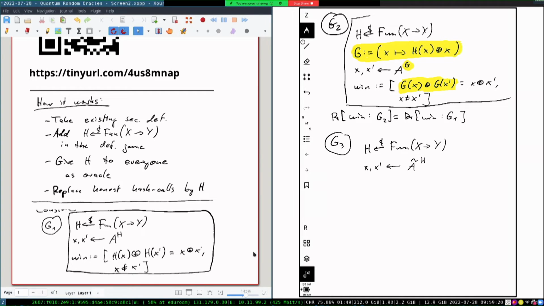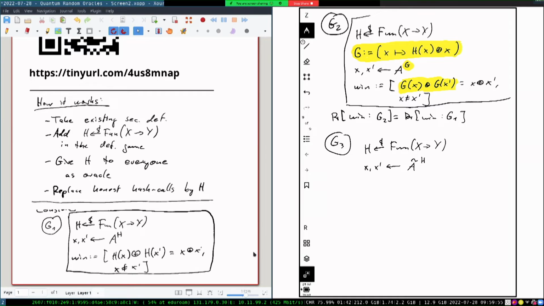internally, whenever A would have made a G query, A tilde computes the answer of the G query using an H query. You need to be a bit careful about whether you can actually do this as a quantum circuit, because you can't write down H and then compute the full function G. You need to manage to simulate G queries using an oracle for H. But at least for this specific function, this is relatively simple to do with a small quantum circuit that does only one query.